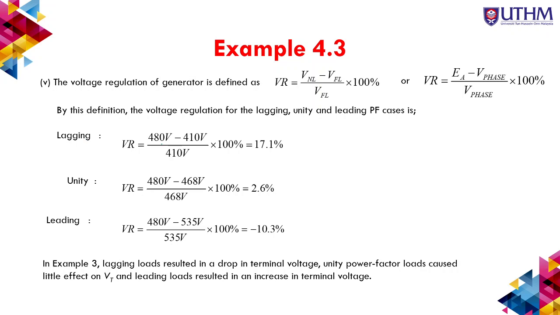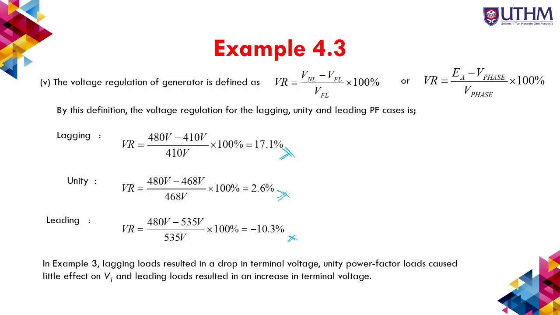So we calculate 480 minus 410 divided by 410 times 100, which becomes positive 17.1. For the unity, just put it in and we get a small value. Remember in theory we said that it's positive but small. For leading, the V terminal will be larger than the V phase.